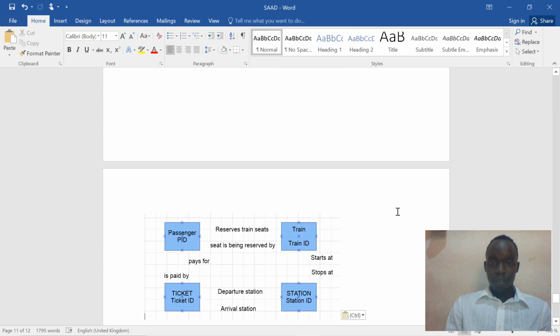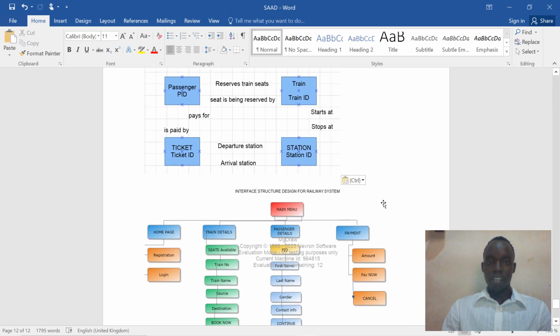And below is my relationship. I have the passenger, train, station, and ticket ID. A passenger reserves train seats, and train seats are reserved by a passenger. One station can be served by multiple trains.